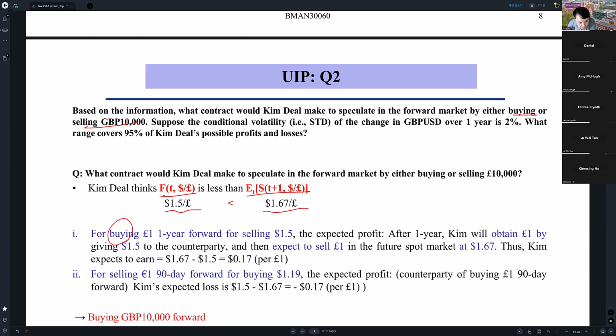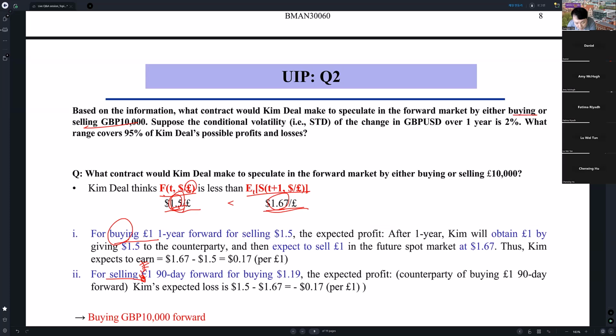Now you have to think about two cases. You can buy 1 pound forward, or you can sell. This should be pound. There are many typos here. So if you buy 1 pound forward, you have to pay $1.5 to get 1 pound. Right away, you can sell that 1 pound at the price you expect. So if this number is bigger than this one, you have to buy pound forward. You pay this one.